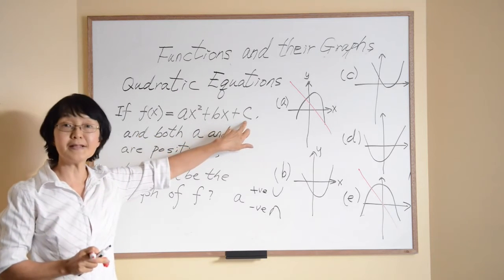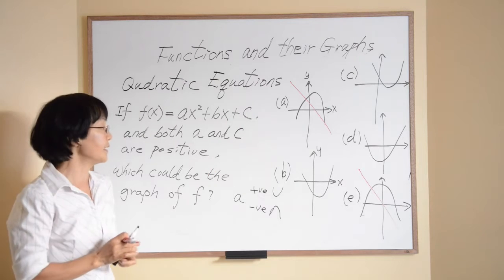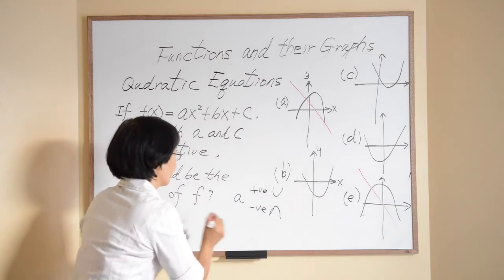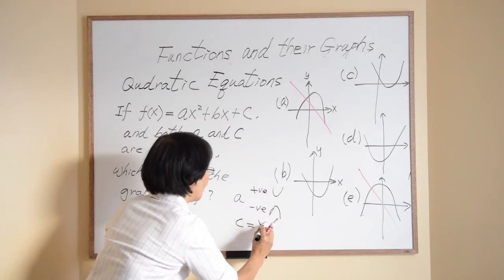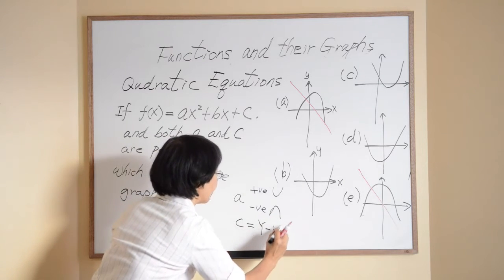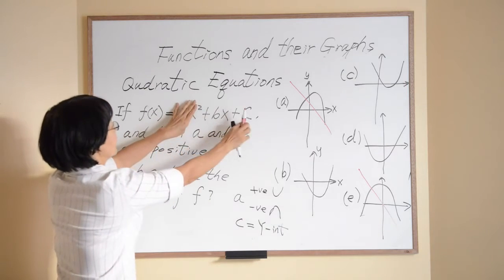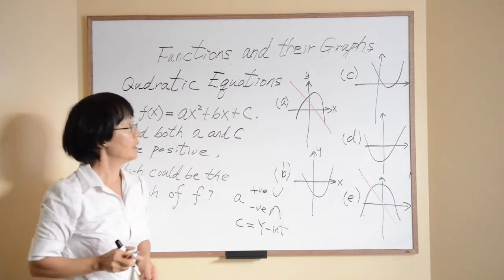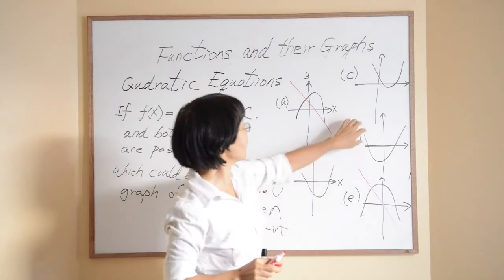What is C again? If you remember from what we just learned, C is the y-intercept. Remember that. Okay? When x and y are 0, your intercept is C. So look at these graphs here.